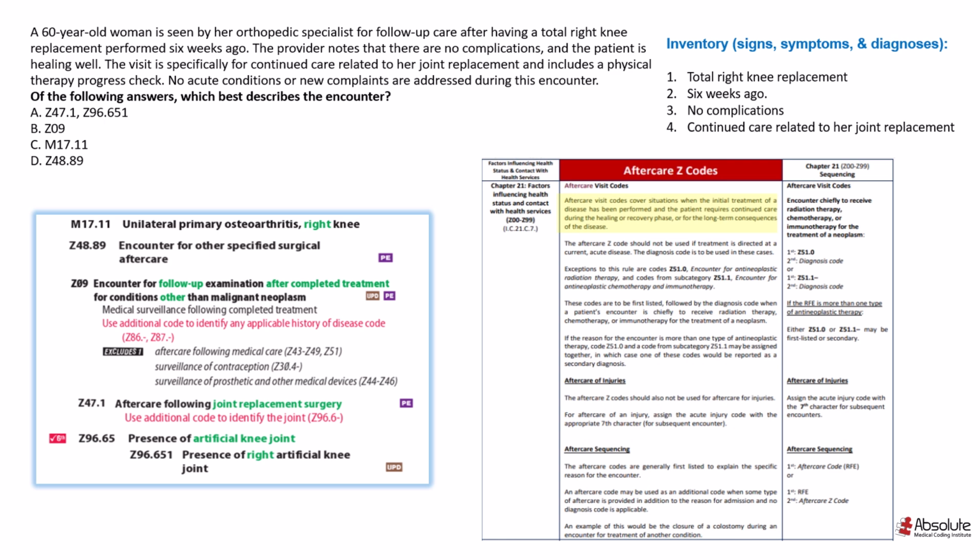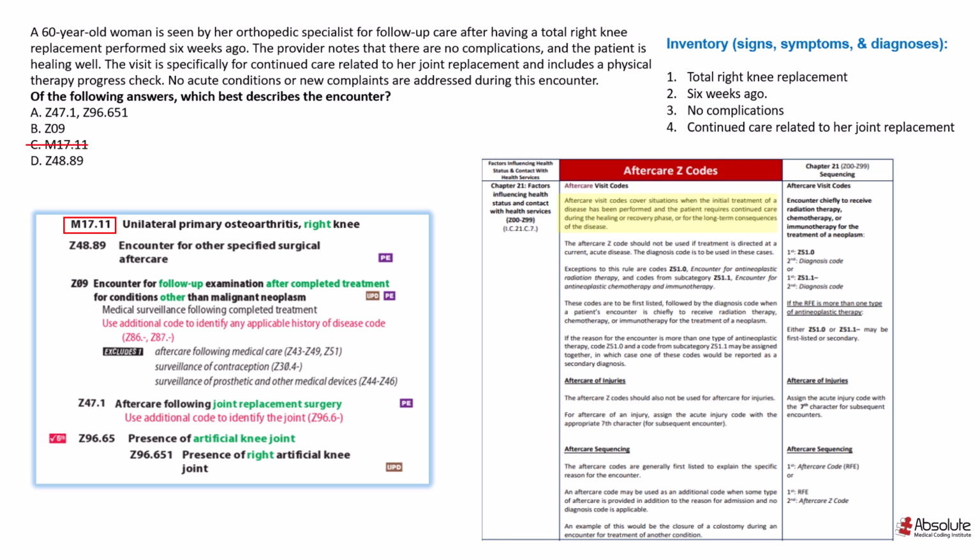And option C, M17.11, is coding for unilateral primary osteoarthritis of right knee. Well, there is no documentation to support an osteoarthritis condition. That means option C is incorrect.